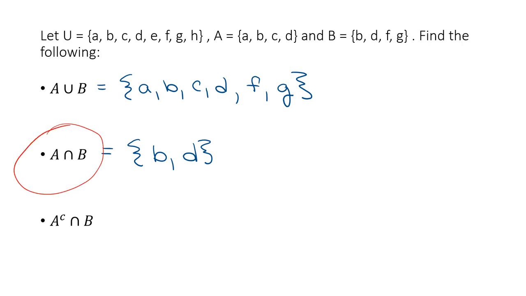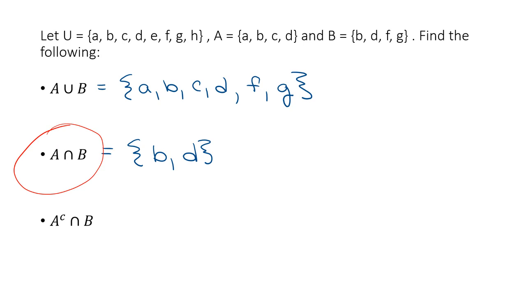And so there's only two letters that appear in both A and B, and that would be the letters B and D. So there's my intersection. Frequently, we think of unions with the word or, elements in one or the other, and we think of the intersection with the word and, elements in both A and B.